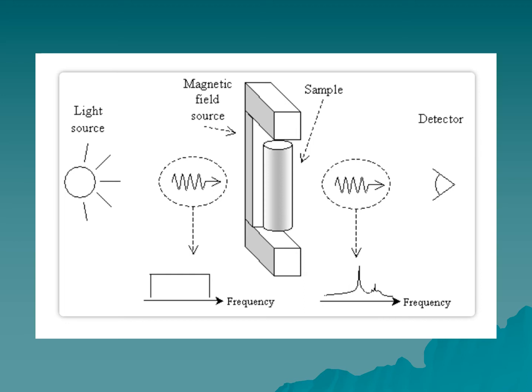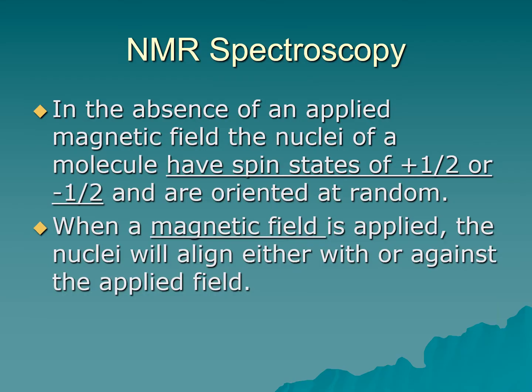Here's the detector. Kind of looks like an eye, but it's not. NMR spectroscopy, nuclear magnetic resonance spectroscopy, you know better as MRI, magnetic resonance imaging. It's a technique used to analyze chemicals, but it's also a technique used to see the human body.